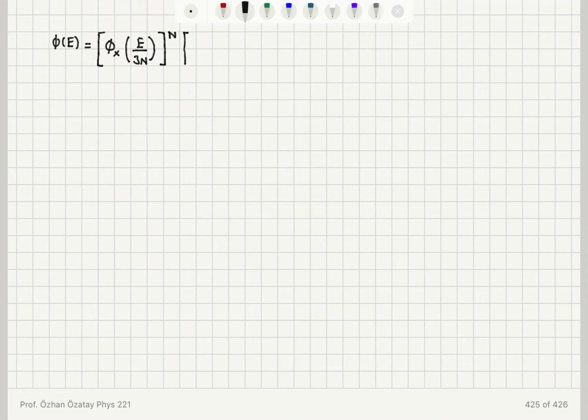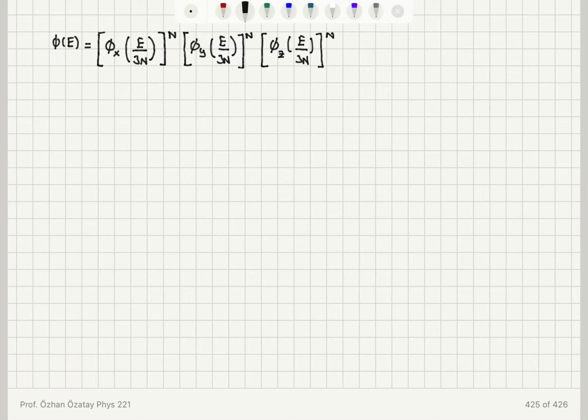Then I have the same thing for y, with average energy E divided by 3N per degree of freedom, to the power N. And then I have phi z at E divided by 3N, to the power capital N.